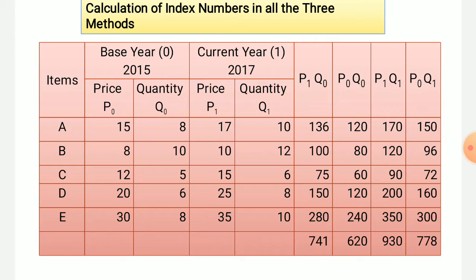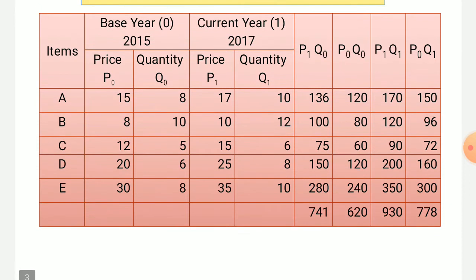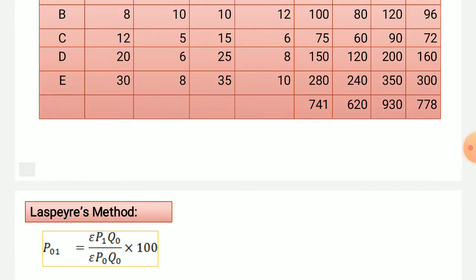Now the sums are: sigma P0Q1 is equal to 778, sigma P1Q1 is 930, sigma P0Q0 is 620, and sigma P1Q0 is 741.